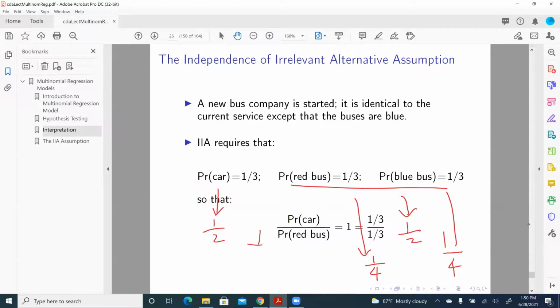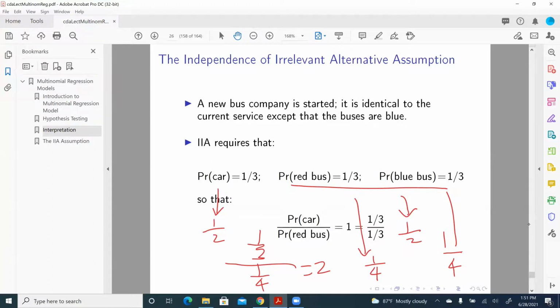It's half over a quarter, which becomes 2. It was 1. So more likely, the introduction of a new choice changes the original odds relationship.